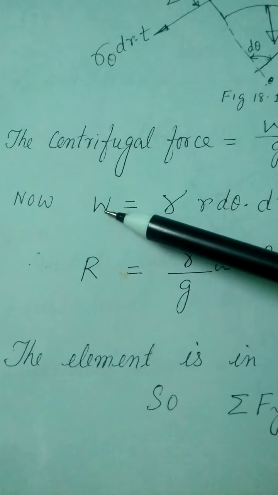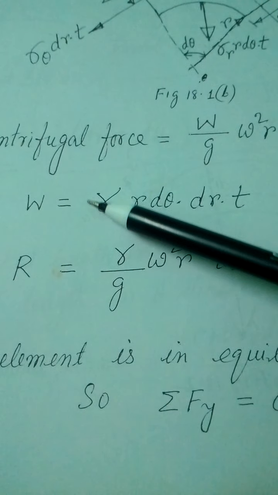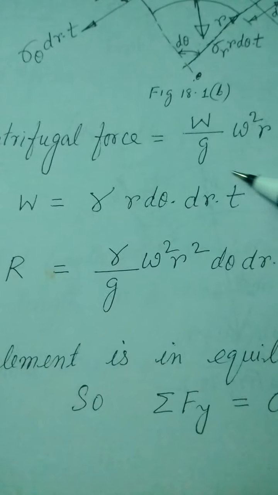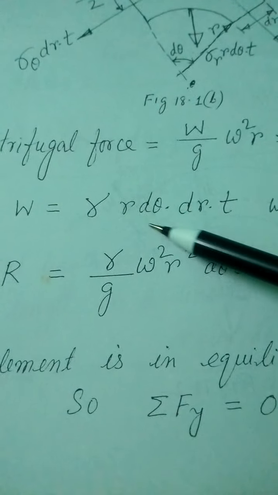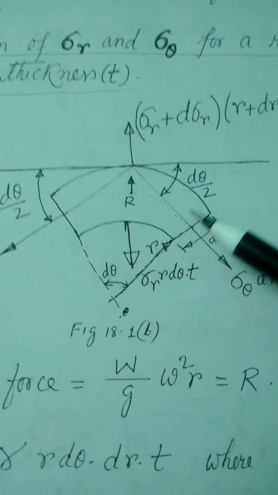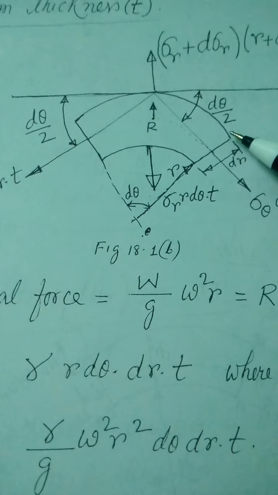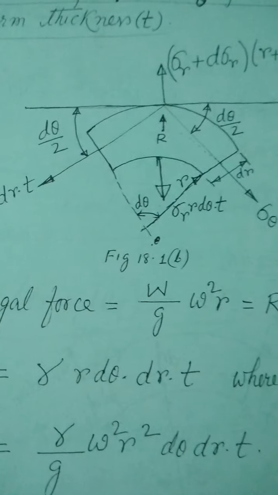And now we are writing W, the weight, in this manner. This is the weight density and this is the volume. How is this the volume? R d theta is this one, R d theta into dr, this one into the T, the thickness in the depth, okay?